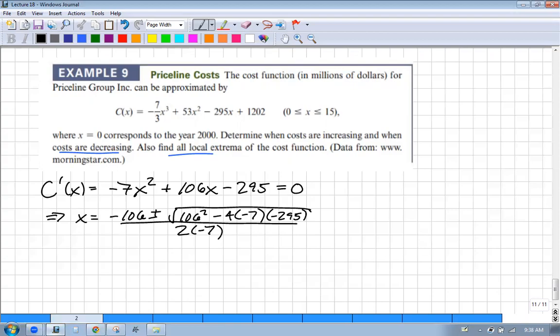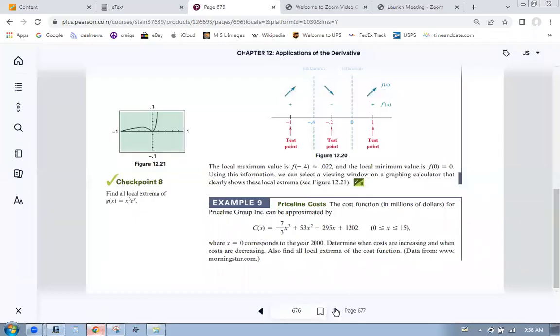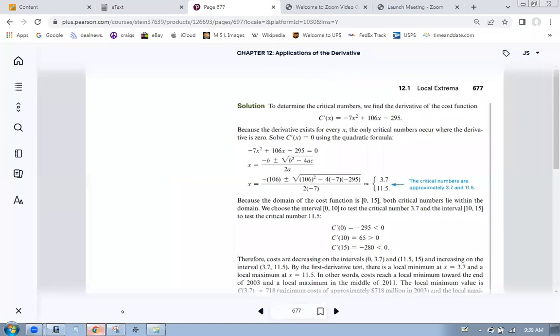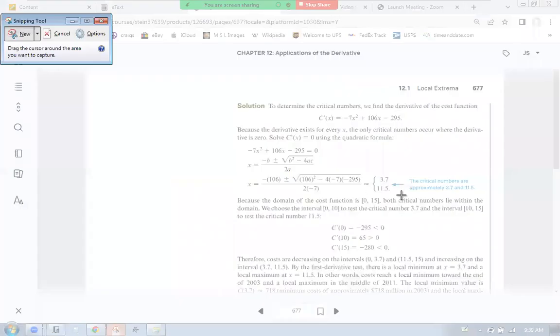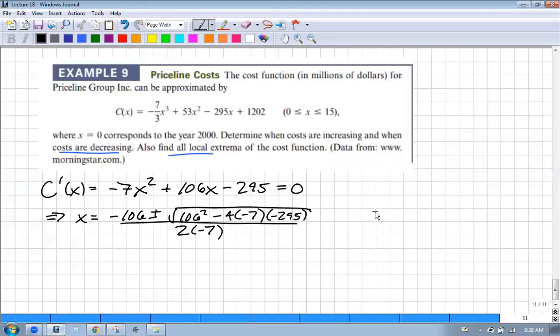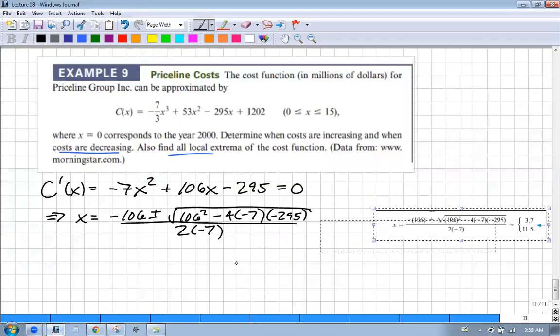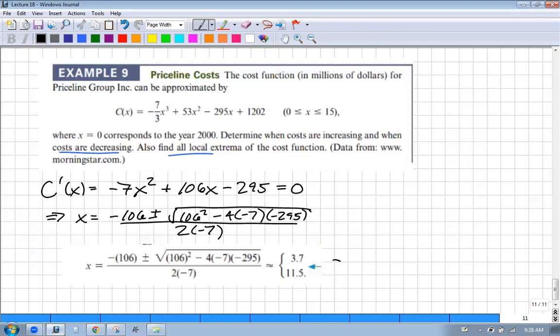Okay, I don't want to do all this arithmetic, so I'm just going to look at the answer. We have very limited time in here. And here's the answer. So there's the critical points. Critical points, 3.7 and 11.5.